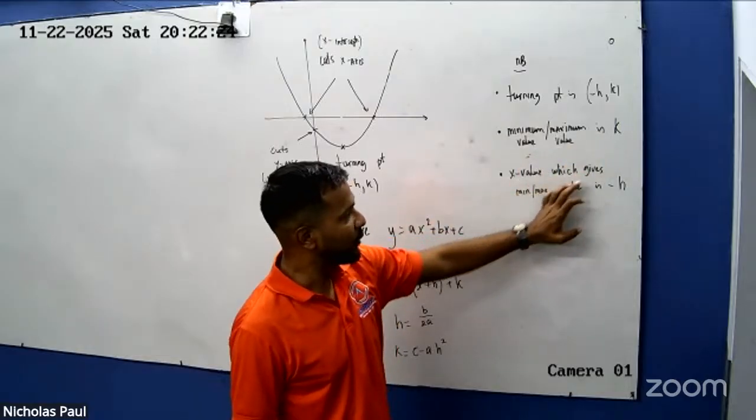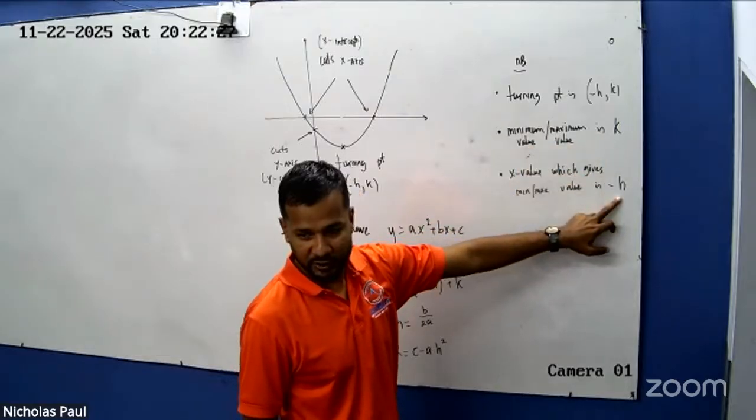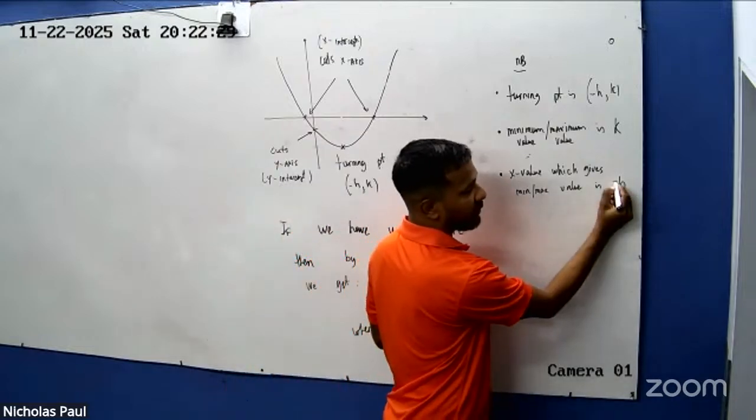The x value, which gives this value, is minus h. I'm going to explain that now.